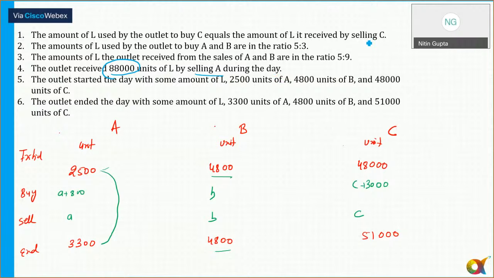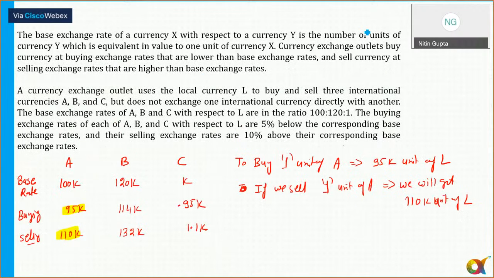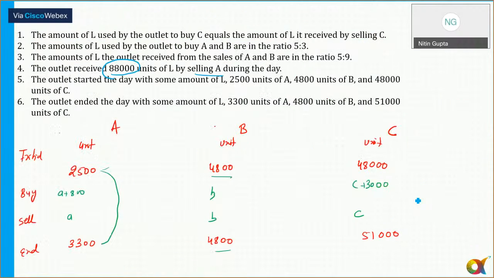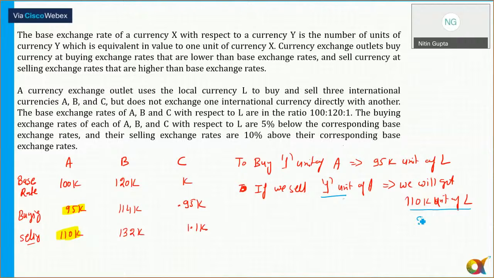We have discussed this previously: if we sell 1 unit of A, we'll receive 110k units of L. But here in statement number 4, it says I am receiving 88,000 units of L. So how many units of A?